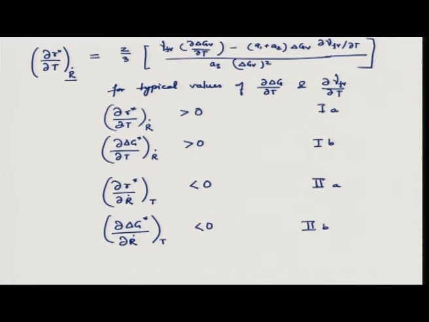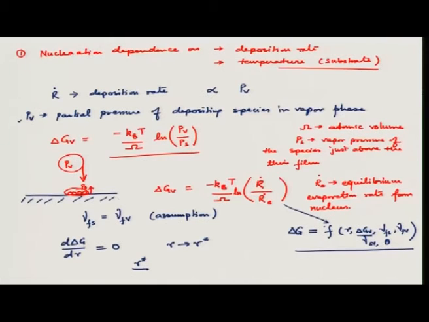Okay. So, this inequality says, let me write this again here: dr critical over dT at a constant rate is greater than 0, which means that if temperature increases, my r star also increases. Okay.